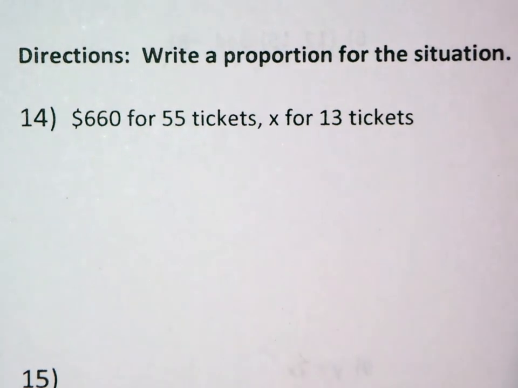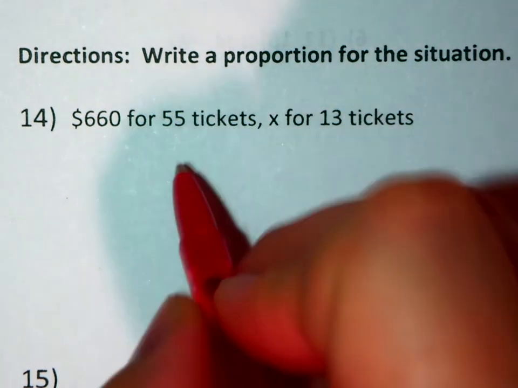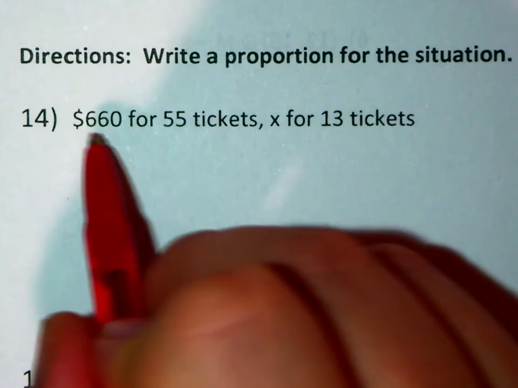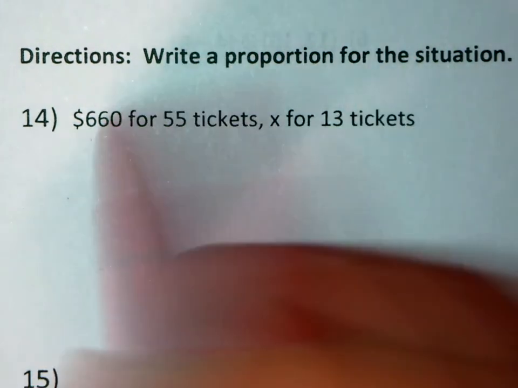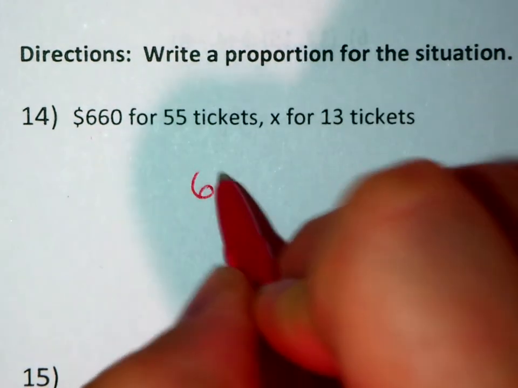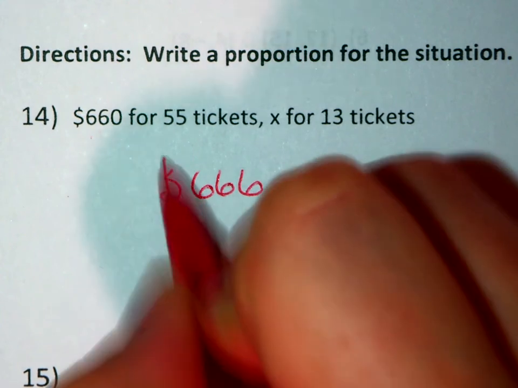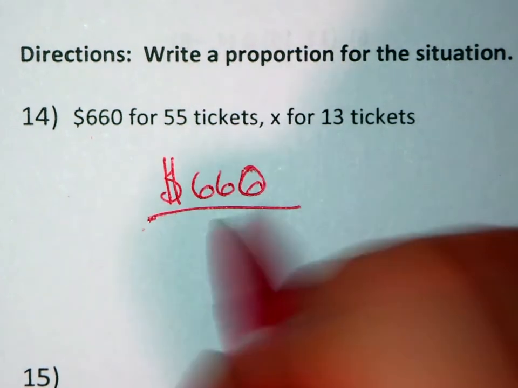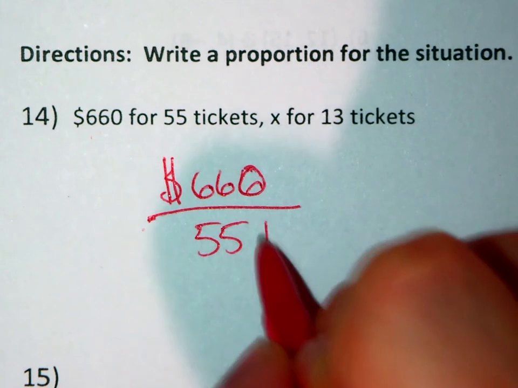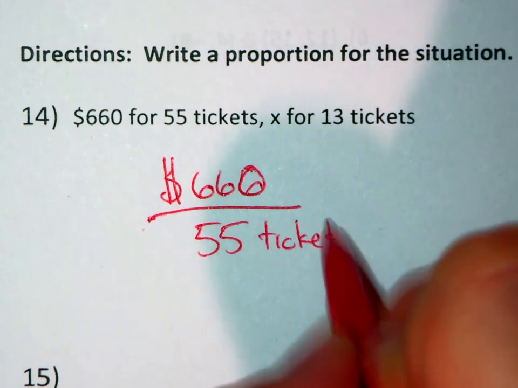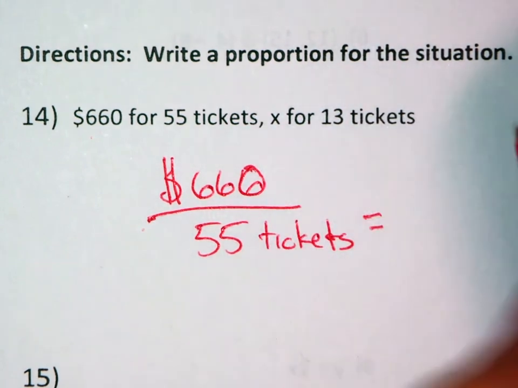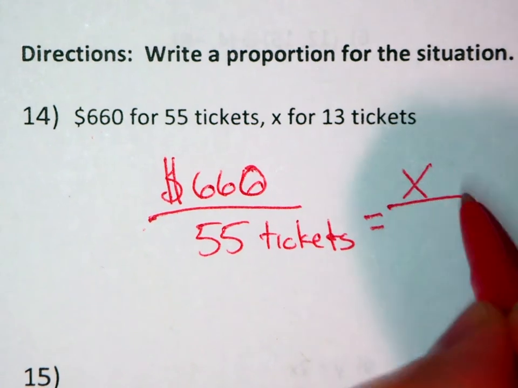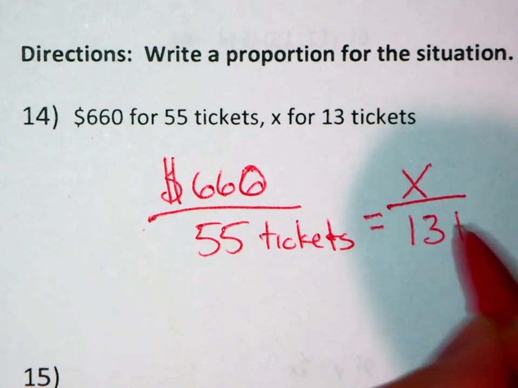So it says to write a proportion for the situation and then solve. So my proportion, my appropriate unit rate when dealing with dollars is to have dollars in the numerator, so $660 over 55 tickets is equal to an unknown number of dollars over 13 tickets.